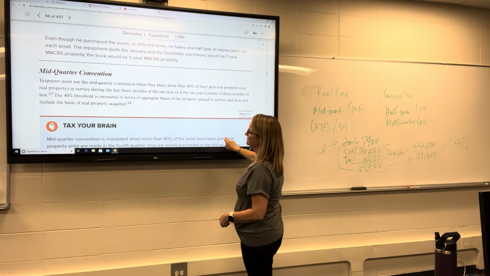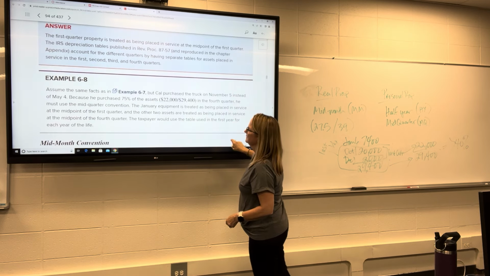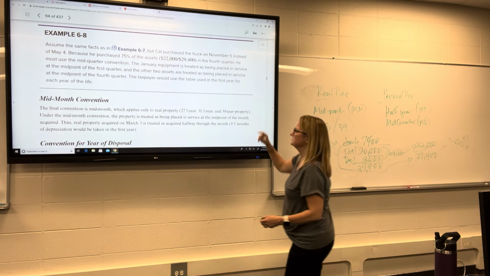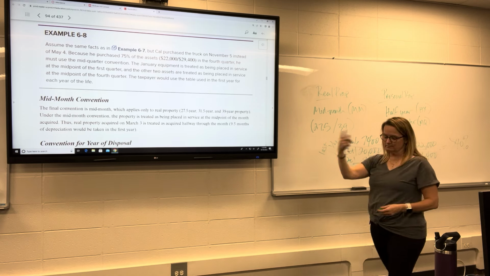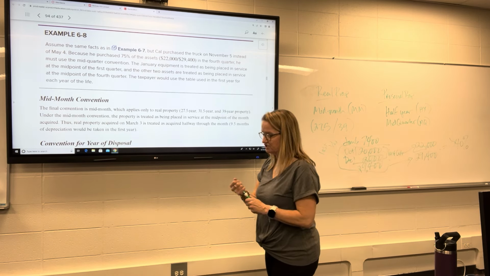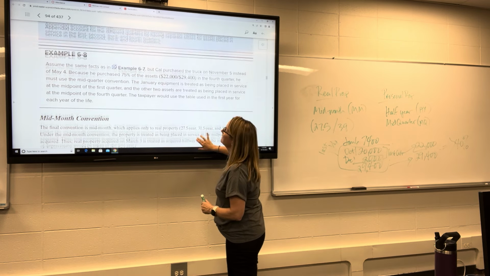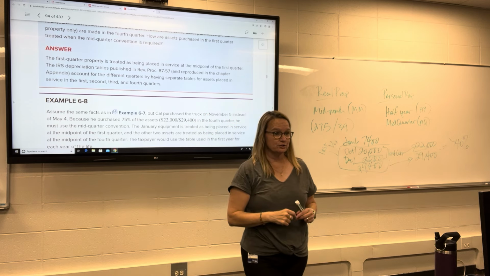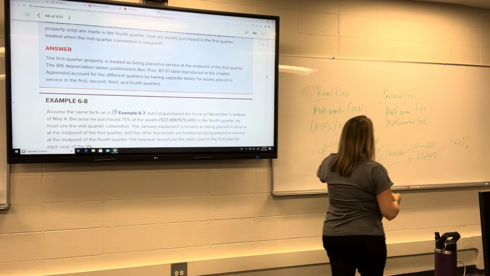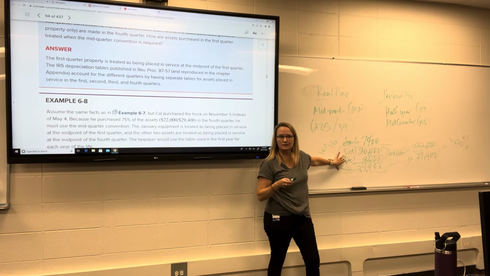This does not include the basis of real property acquired. I'll come back to this. So they use this very example here. They changed the date on when that 20,000 item was purchased. So, with the mid-quarter convention, that means that we are going to place each item that we purchased in service, when do you think we place it into service?